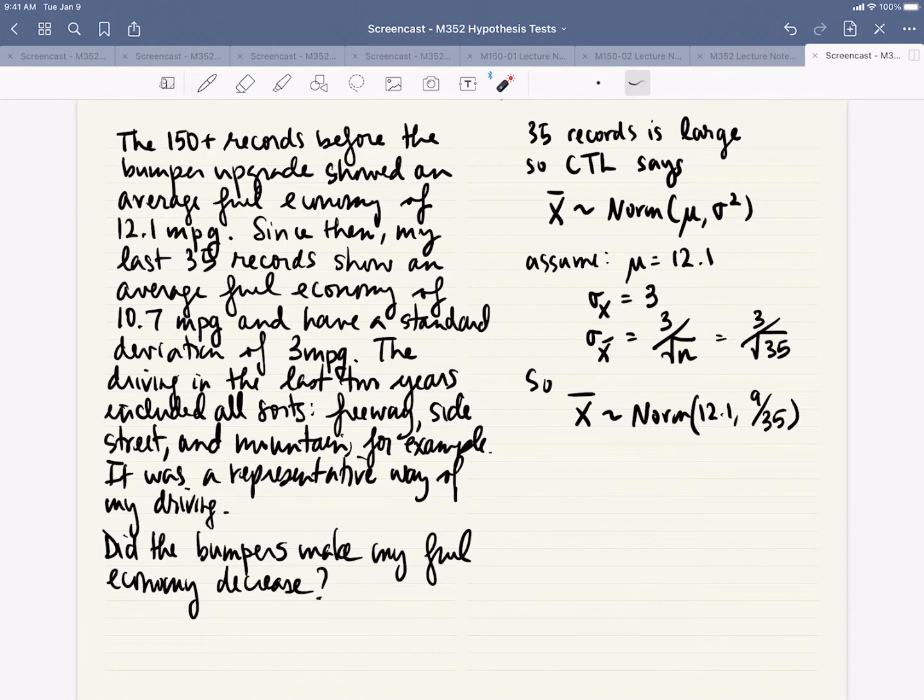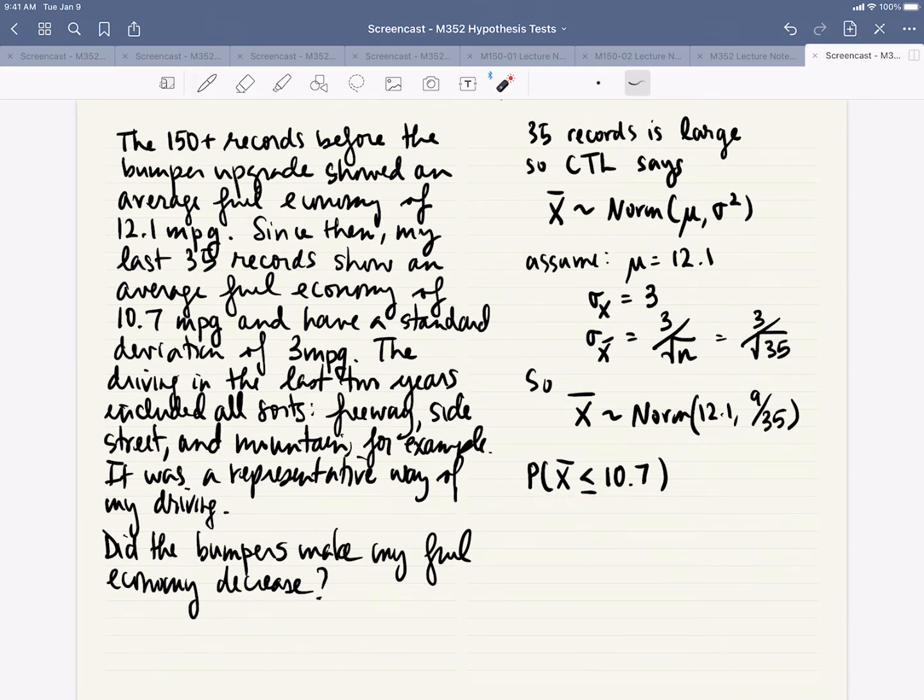With that assumption in place, we're going to ask, what's the probability that I could take a sample of size 35 and get a sample mean of less than or equal to 10.7? That's what I got in my last 35 records. So what is this probability?